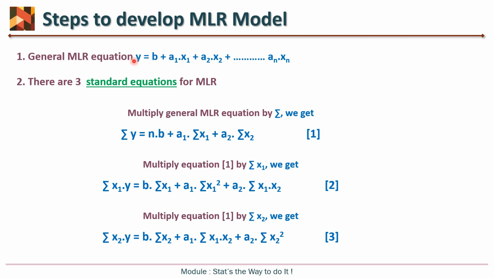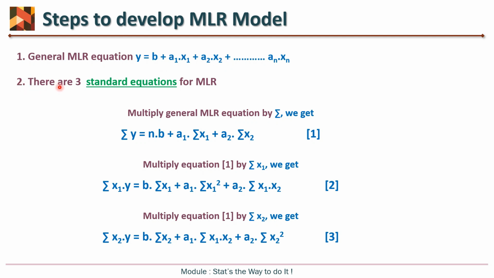The general MLR equation is y equal to b plus a1 x1 plus a2 x2 up to an xn when there are n number of factors. But as I said, solving manually the MLR equation is possible only up to 2 factors. So we are selecting this equation only up to a2x2.